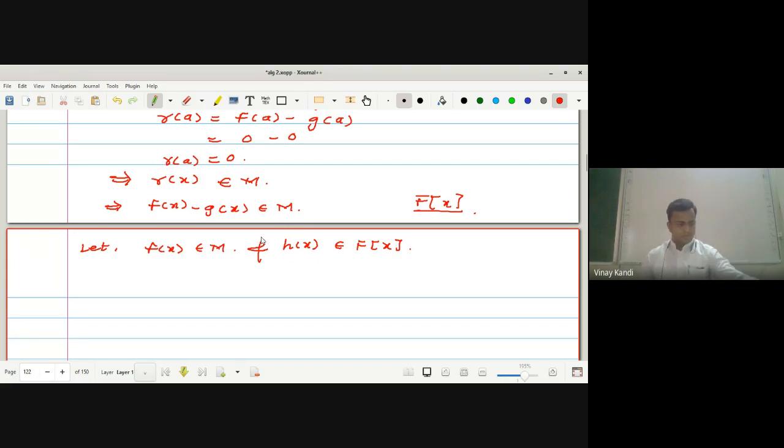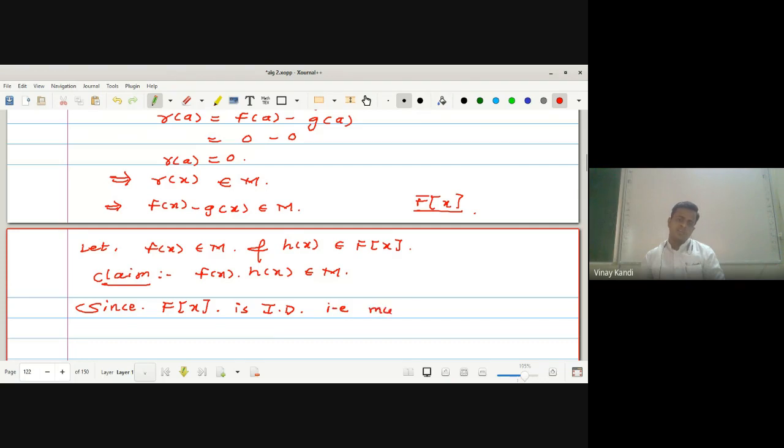Now look at here. Claim is f of x into h of x belongs to M. Now here, since F of x is an integral domain, multiplication is commutative.